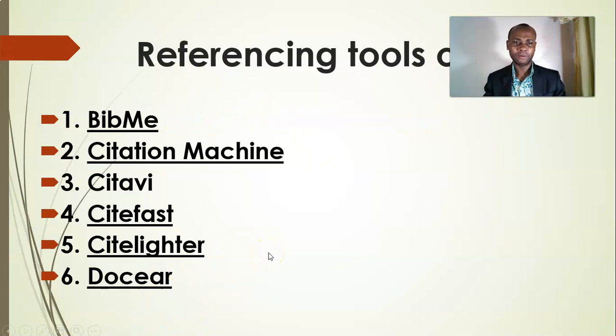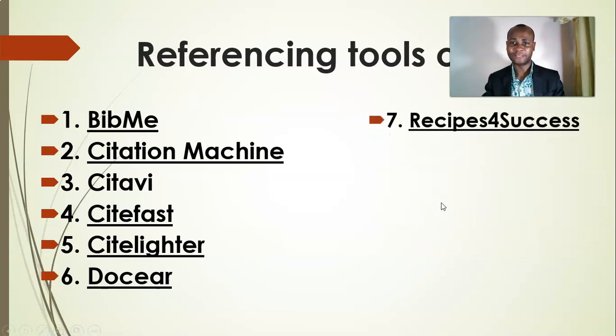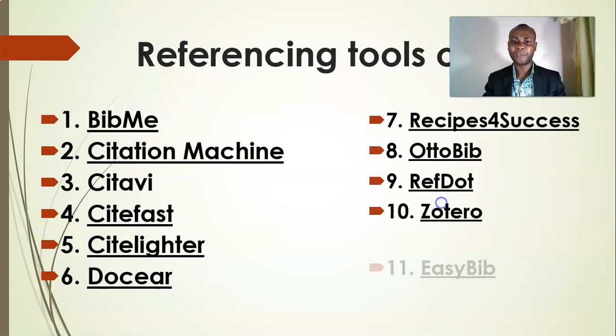Maybe you got something from the internet and you want to cite it in APA. Just copy the link, paste it in BibMe, choose APA, and click search, and it's going to give you the reference needed in APA.